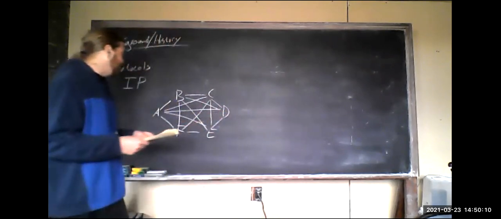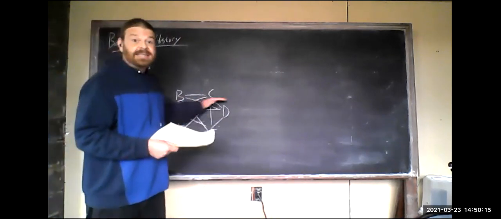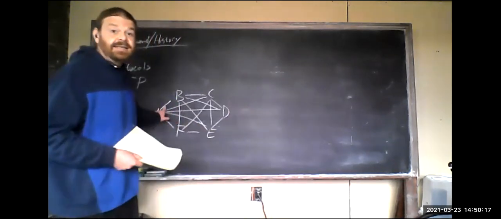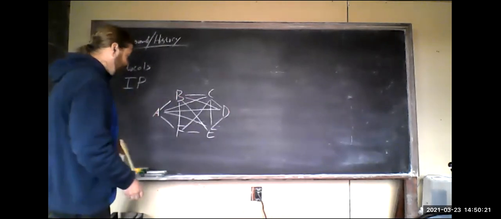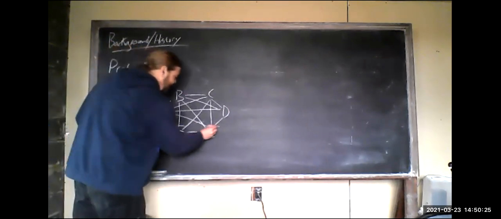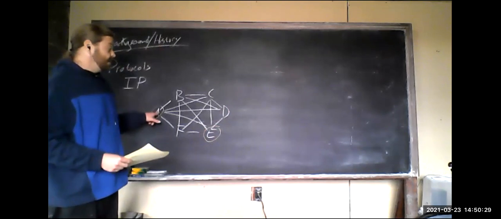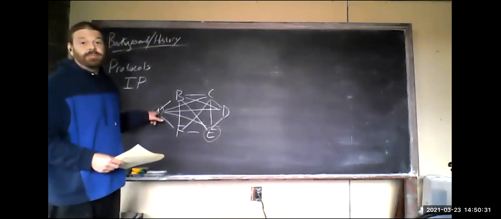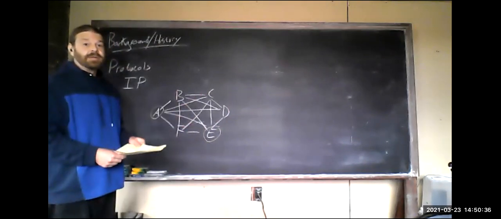And the idea of Internet Protocol is we basically just check the line to see if it's open. So maybe for our example here, site A needs to communicate with site E. What it's going to do is send out a broadcast, a ping, to every machine it knows about.